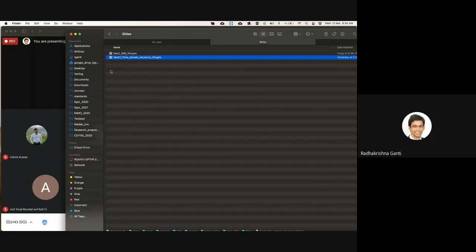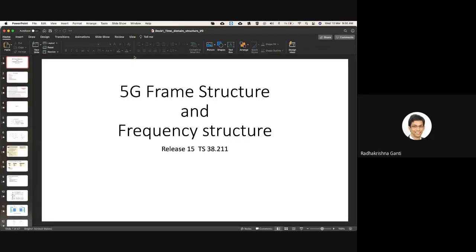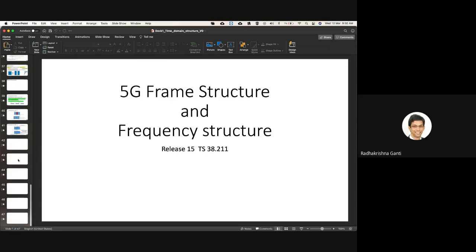Okay. So now we have a channel raster. The channel raster gives us a specific frequency for a carrier. The question is, what resource block and what resource element is it mapped to?